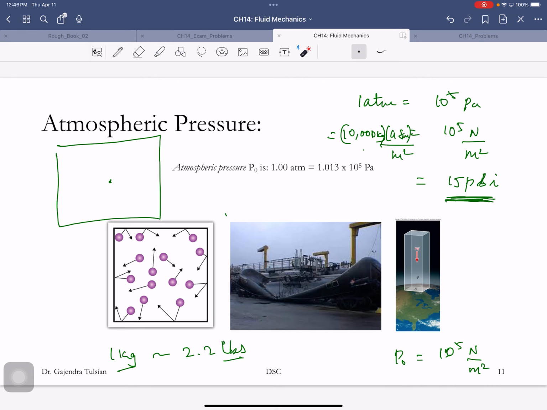That's what that means. So for instance, if you were at this height, now the column is smaller, so the pressure will be smaller. What will be the pressure here? 0.